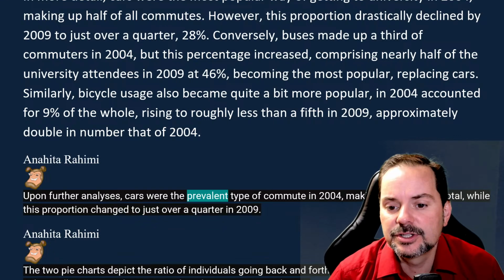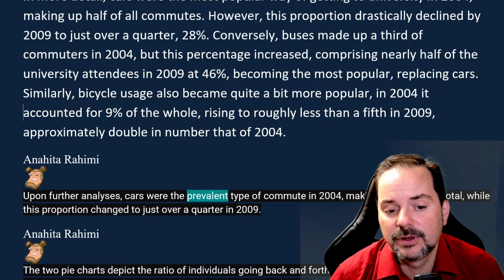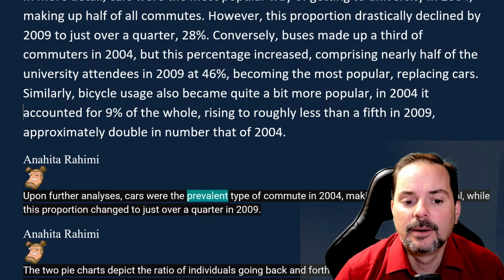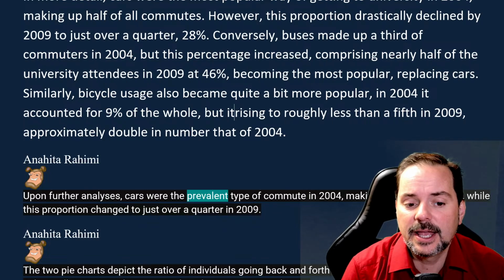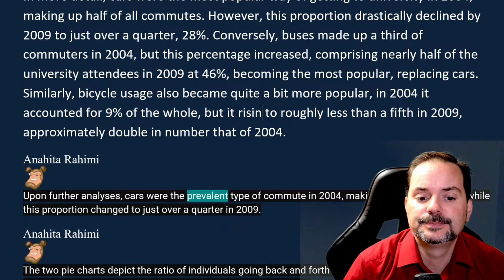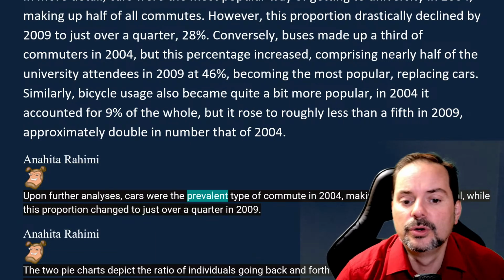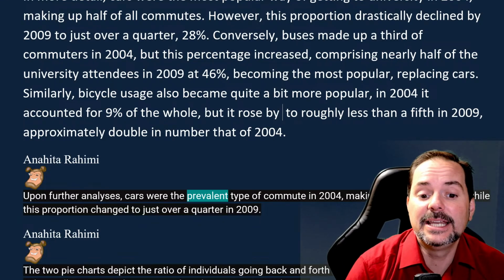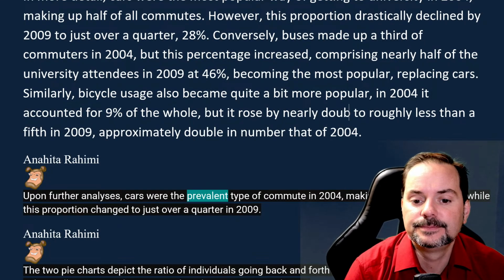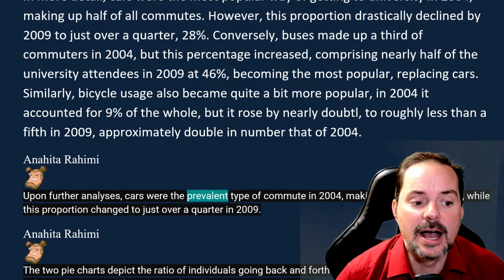In 2004, it accounted for 9% of the whole, but it rose by nearly double to roughly less than a fifth.